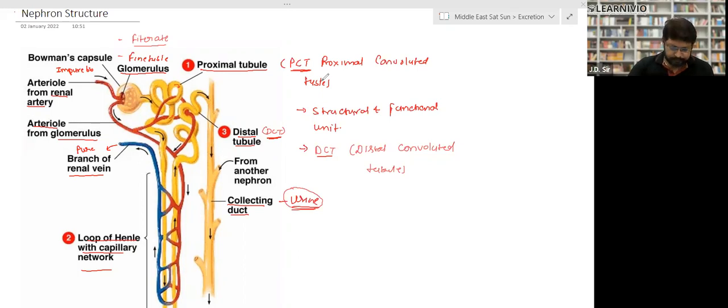Nephron is the structural and functional unit of kidney. Full stop. Next point.